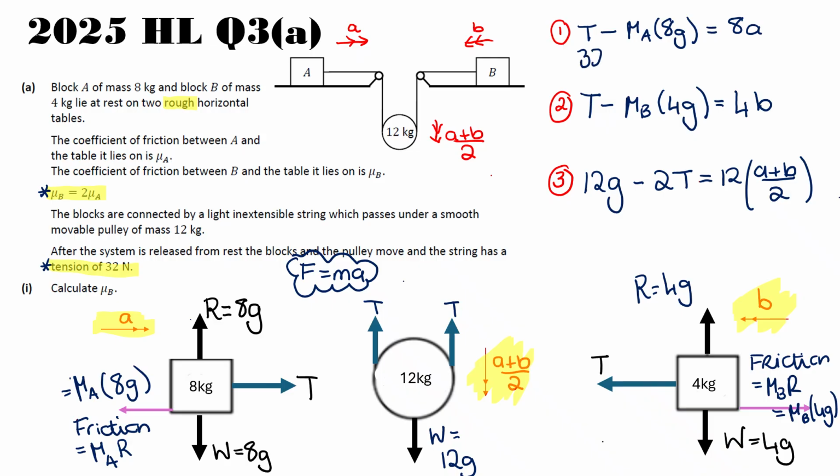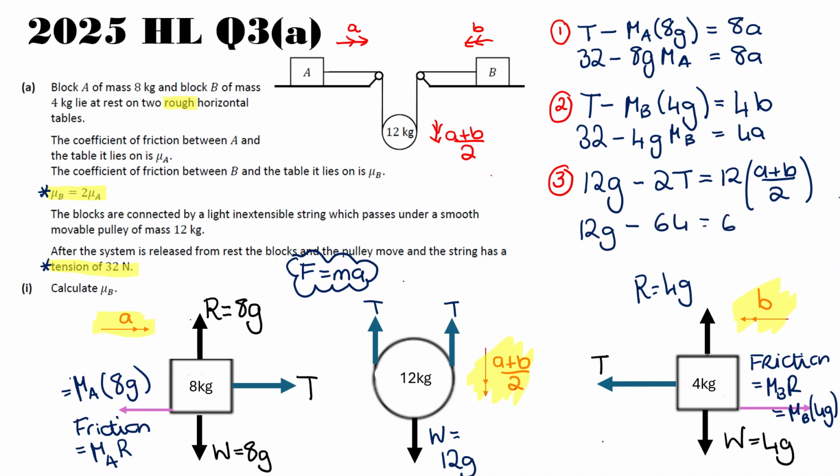So that's 32 minus 8g mu A, and that equals 8a. And here we get 32 minus 4g mu B is equal to 4b. And here we get 12g minus 64 is equal to, and I'm going to tidy that up as 6a plus b to get rid of our fraction.